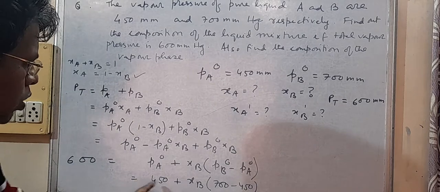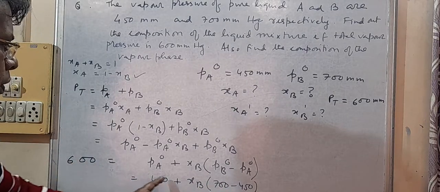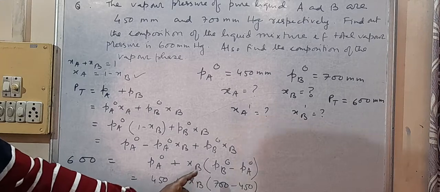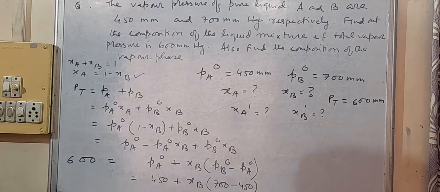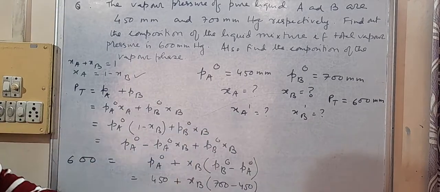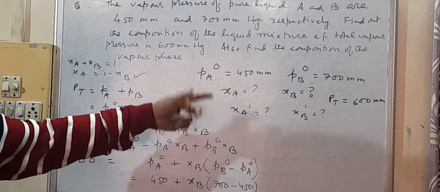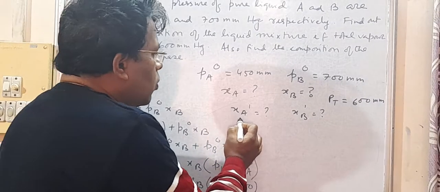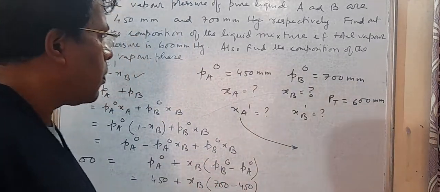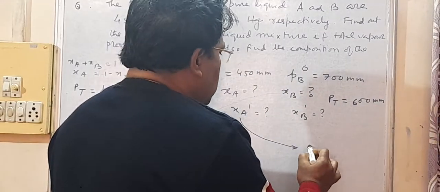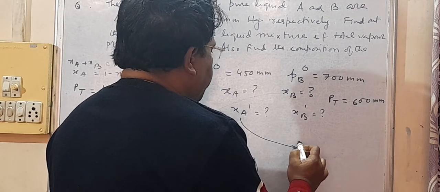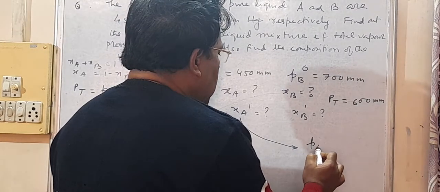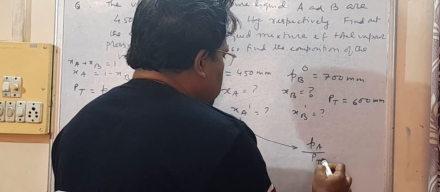So children, from this equation we have to solve it and we can easily get chi B. So that will be our one answer. And to get chi A, what you can do is just subtract chi B value from 1, you get chi A. And after getting this, as I already said, to get chi A prime, it will be partial pressure of A by total pressure.